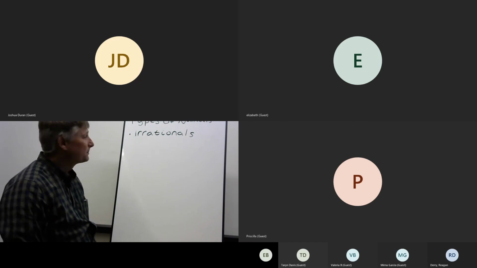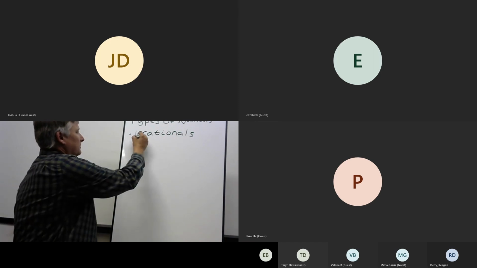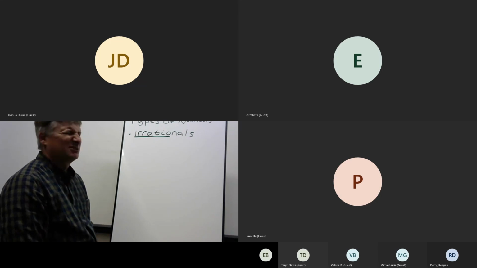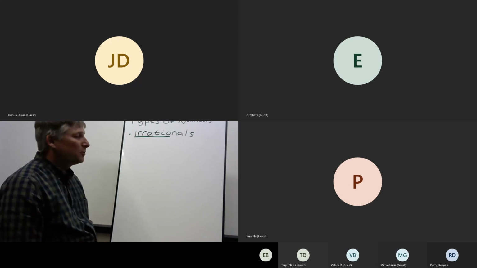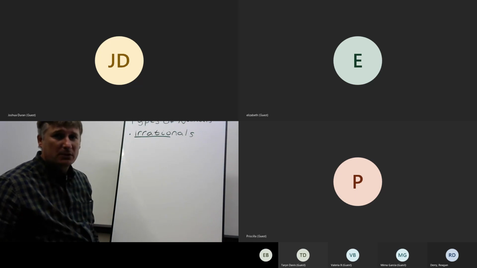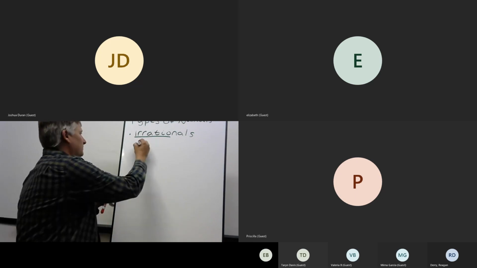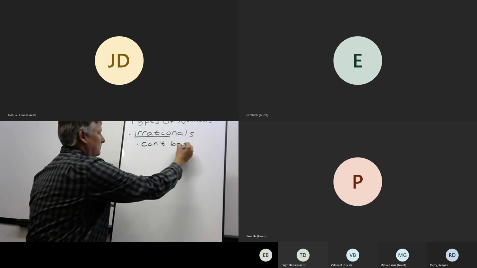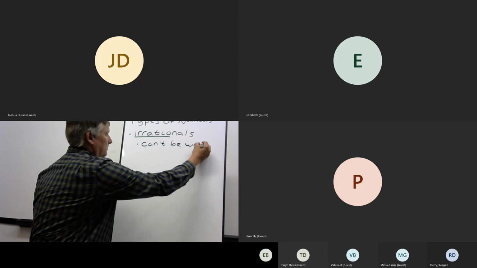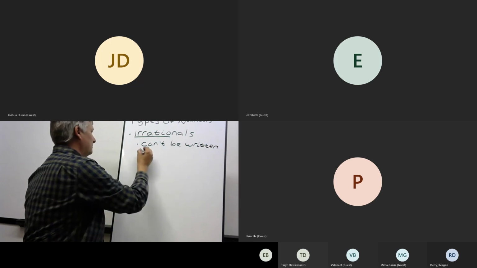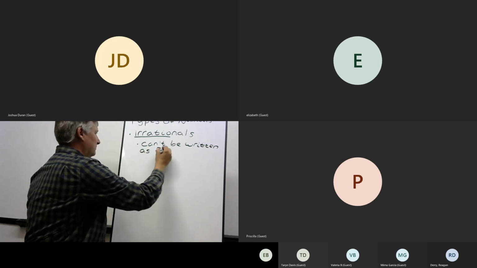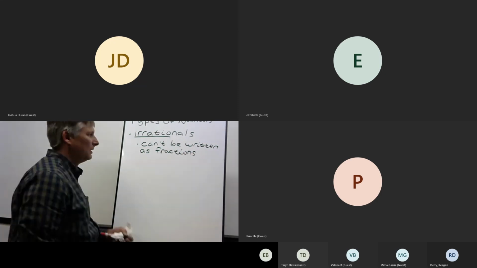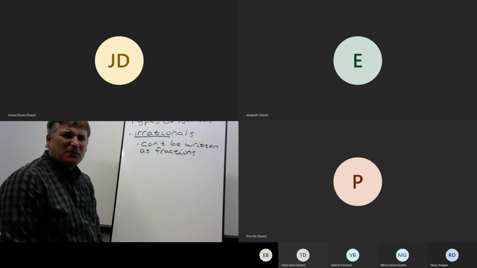The irrational numbers. Not ratios. Sort of a way of thinking about it. So these are numbers that cannot be represented as fractions. So how do you write these numbers?